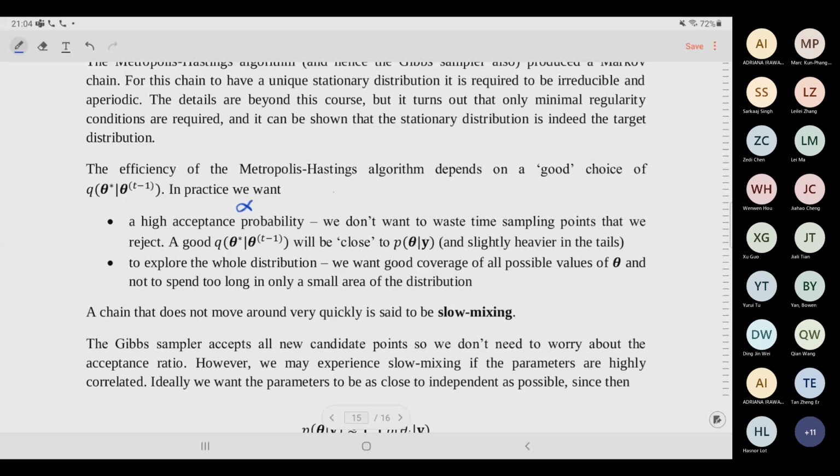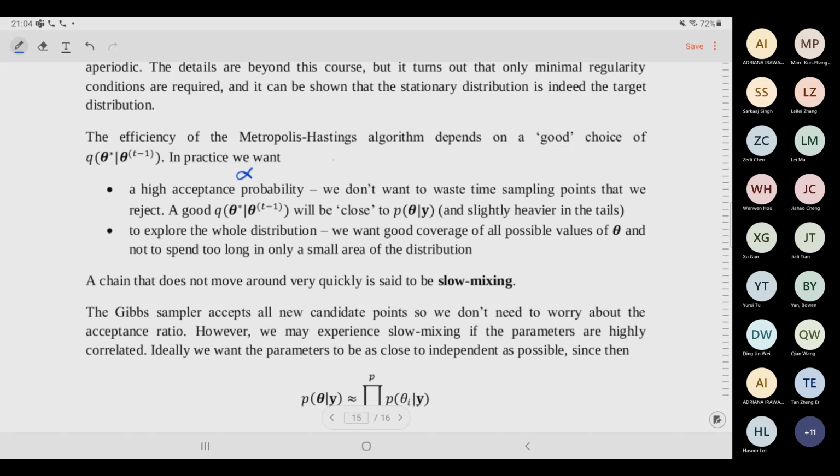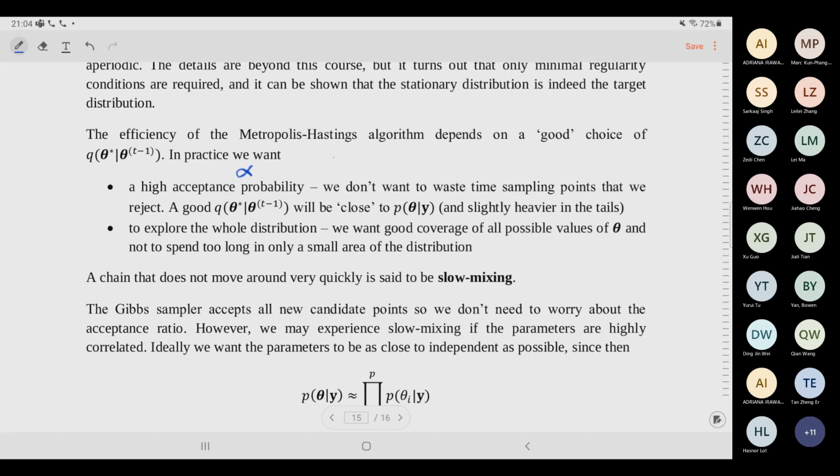But on the other hand, we want to explore the whole distribution, meaning we want to move around your theta. If your variance is too small, then you're moving very, very little, and you will not cover a lot of the support of your theta.